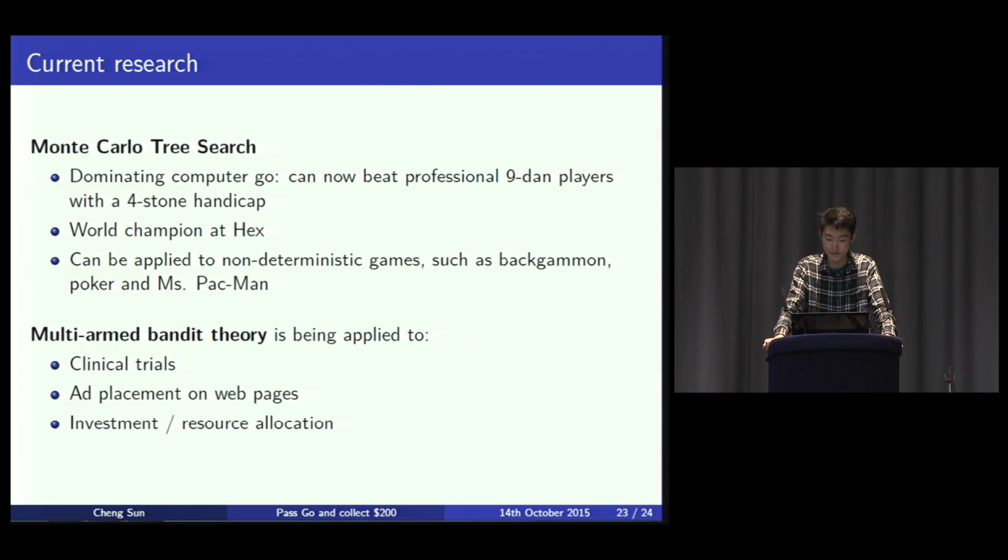There's also the problem of investment and resource allocation, where you have a fixed amount of money and a certain number of projects which could give you some reward in the future, but you don't know which ones. So you have to decide which ones to give money to.